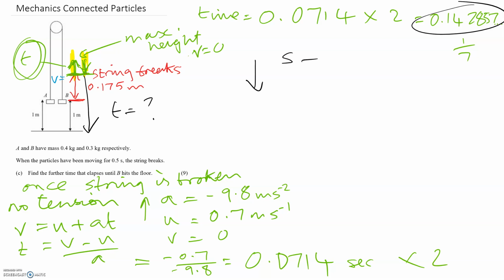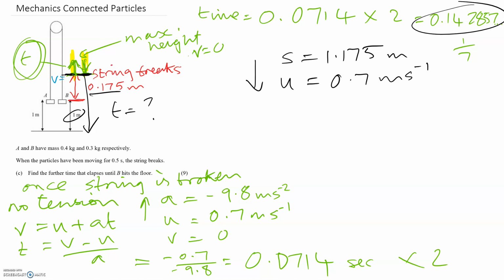We know the distance is 1.175 meters. We know that, by the way, that's just that plus 1. We know that u is going to be 0.7 meters per second, because when it's at this point here on its way down, it's going to be at the same velocity as it was when the string broke going up.